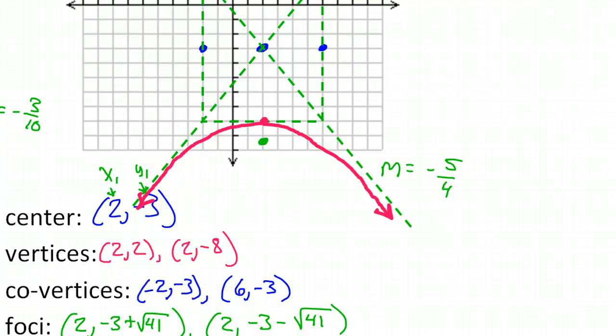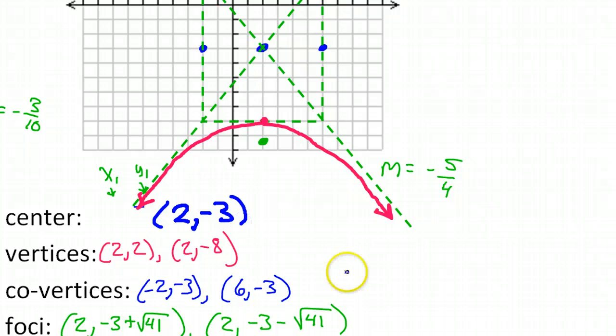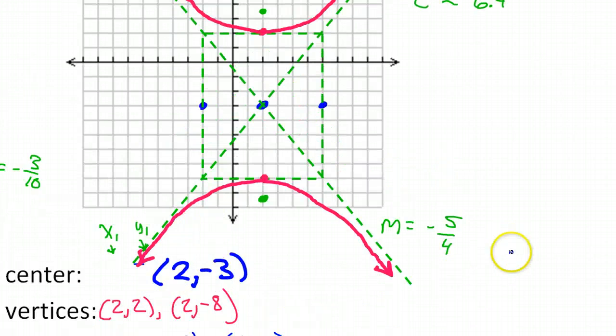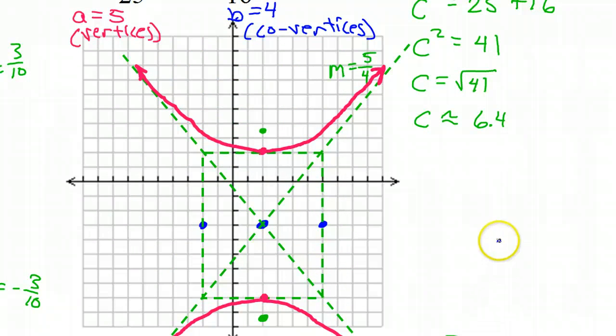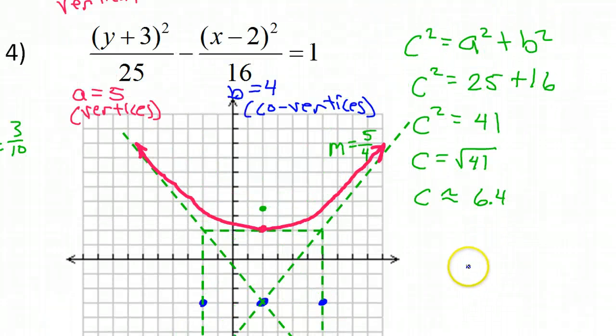Okay, I feel like I should move that center over so it can be seen better. Whoa, it's dark. It can really be seen now. Okay, anyway, that is it for number 4.